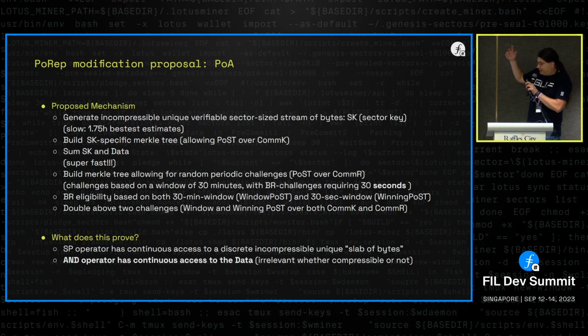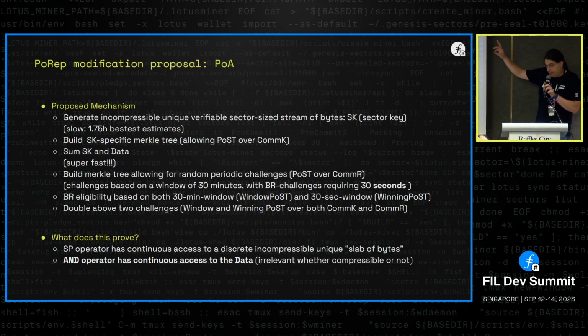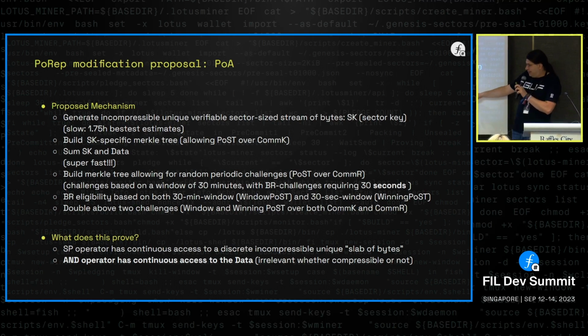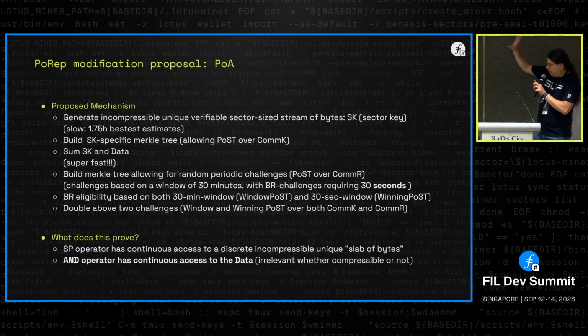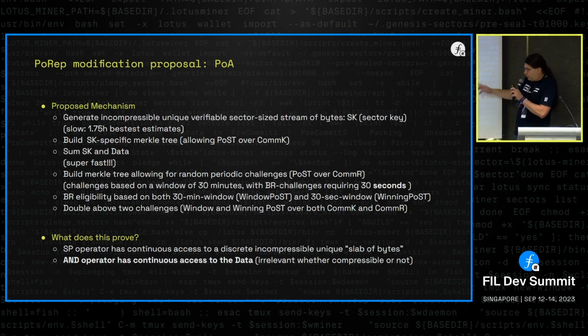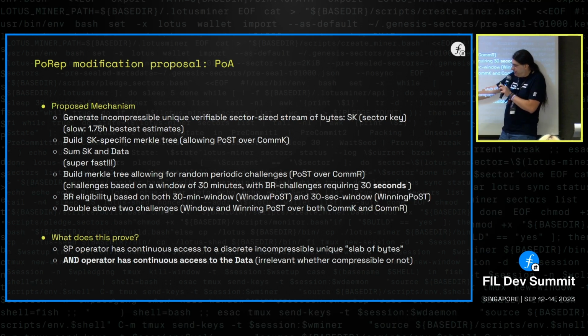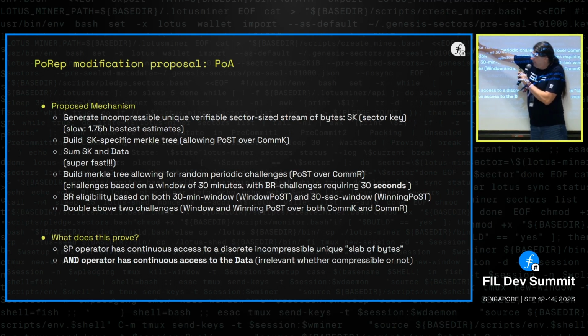What does this prove whenever you give a proof of space-time like this? You still have the opaque slab of bytes, which is hard to recreate, and we know that you expended the time to do it. But you also now prove that you, as an operator, have continuous access to this part.